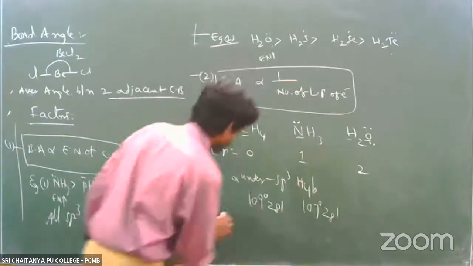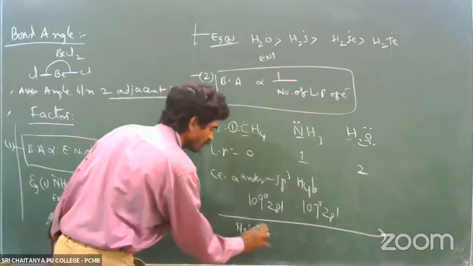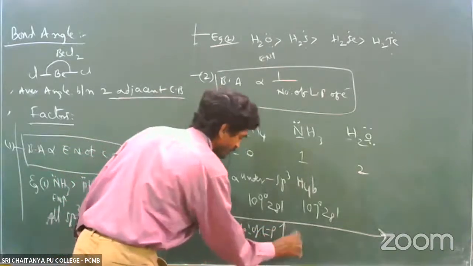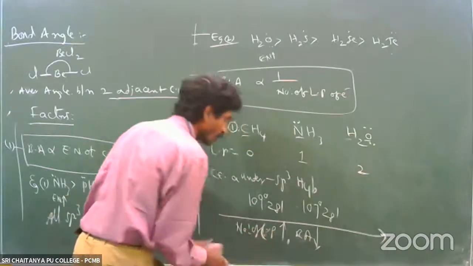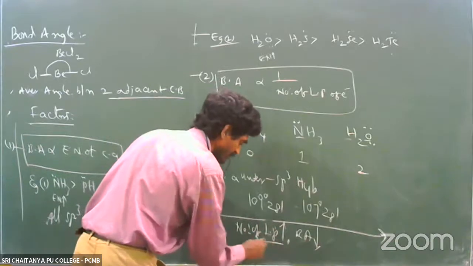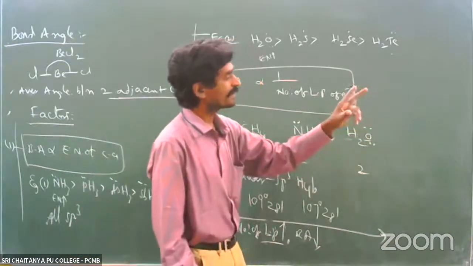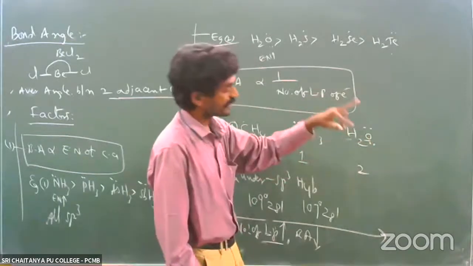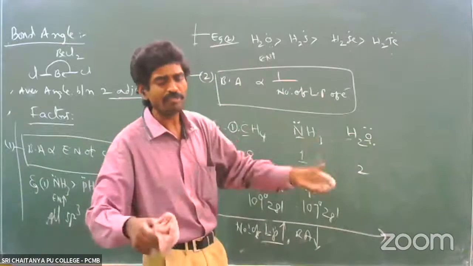The simple trick is: as the number of lone pairs increases, bond angle decreases. Why? Because lone pairs are bachelors, they are not married. So between lone pair and lone pair, repulsions are more. With the lone pair, repulsions are there, and between lone pair and bond pair also repulsions are there. That's why the strength of repulsion is maximum, and because of that there is more deviation of bond angle.